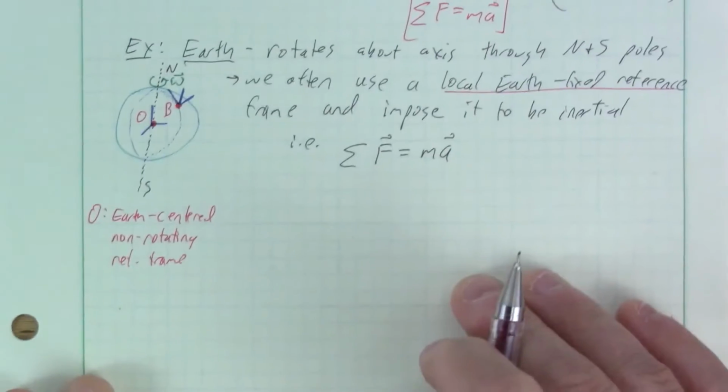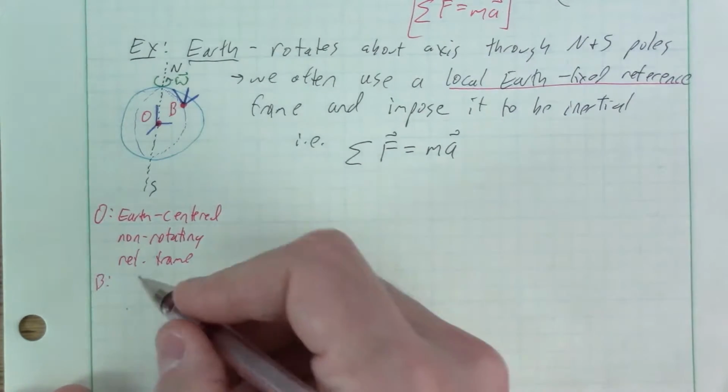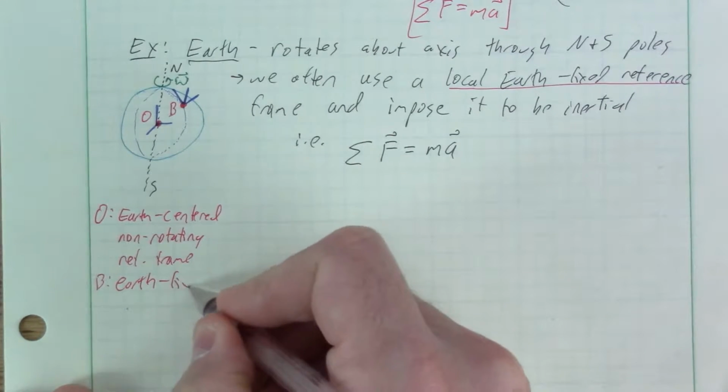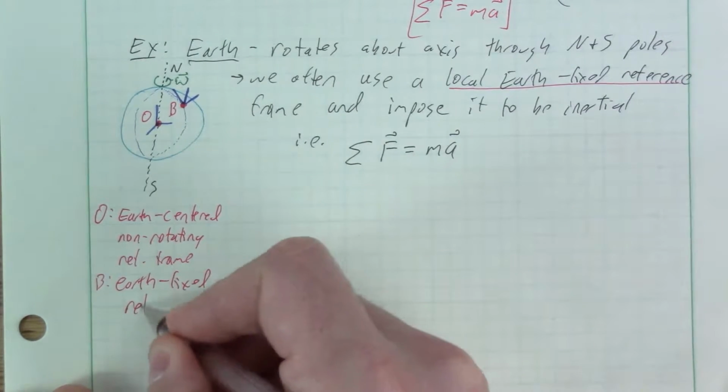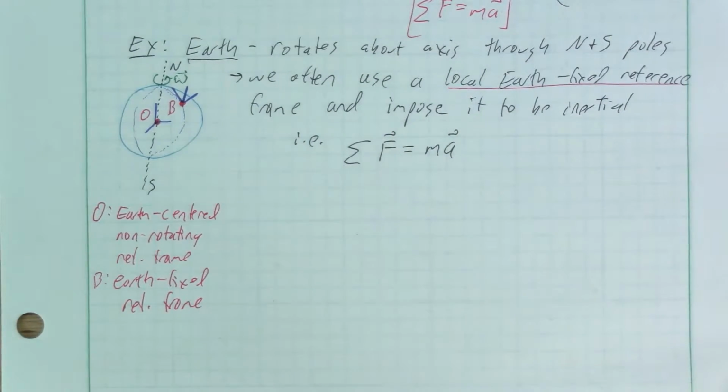So at B, that's where we live. We often choose these reference frames as the reference frame to do analysis in. So this B here is our Earth-fixed reference frame that I referred to in my description of what we often do with Earth when we do our engineering problems.